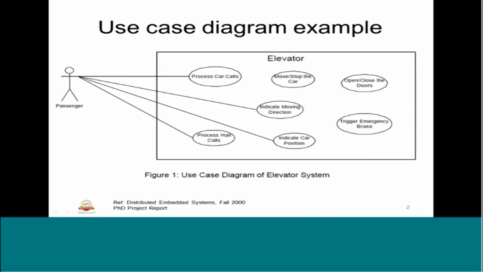You see a use case has an actor and this elevator is a functional block. So there are different scenarios. You can see they are all in oval shape. Process car calls, move stop the car, open close the door, indicate moving direction, process all calls, indicate car position, trigger emergency brake.